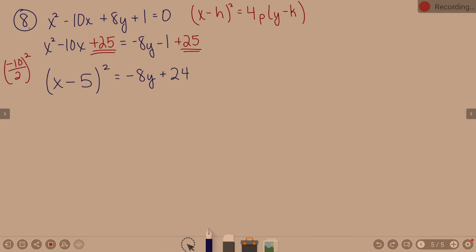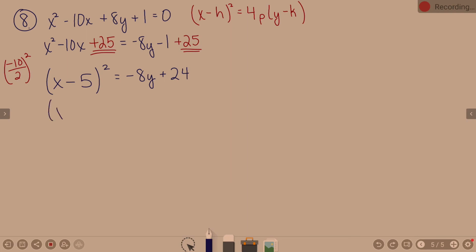Now, as we go to figure this out, there's one more thing I want to do. X minus 5 squared looks like x minus h squared, doesn't it? On the right, it's 4p times y minus k. Do I have a y minus k here? No. And so to get y by itself, factor out the coefficient of y, which is negative 8.